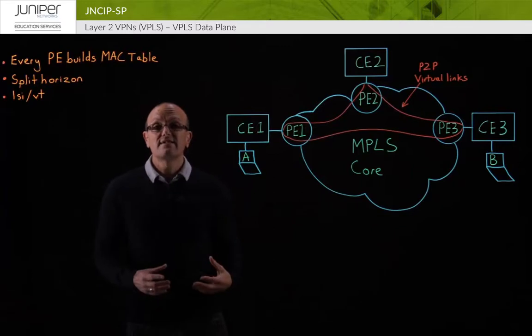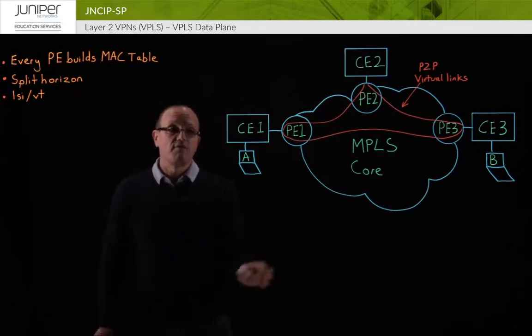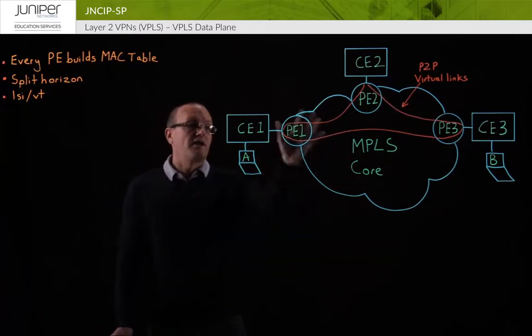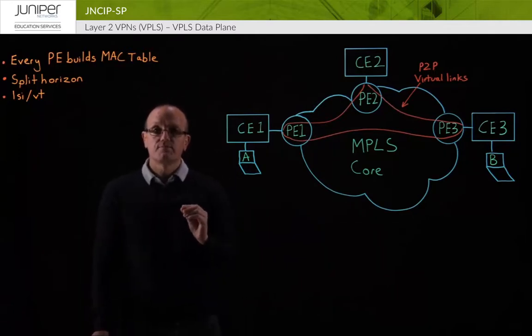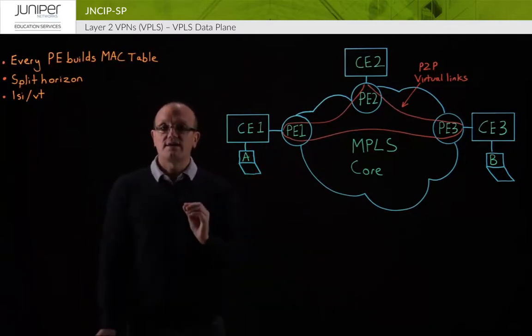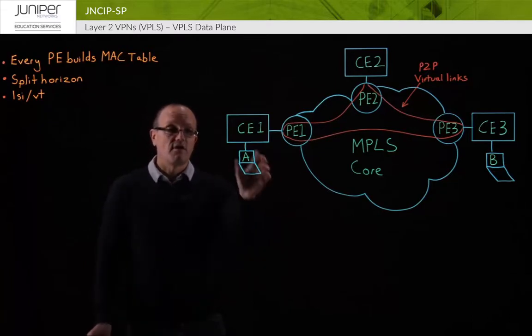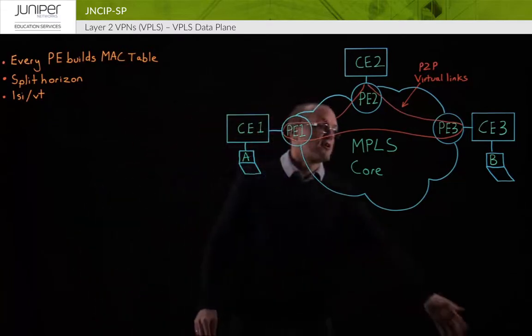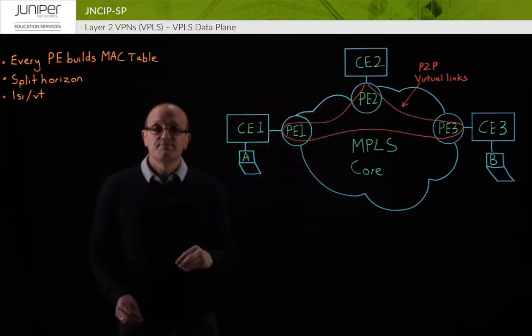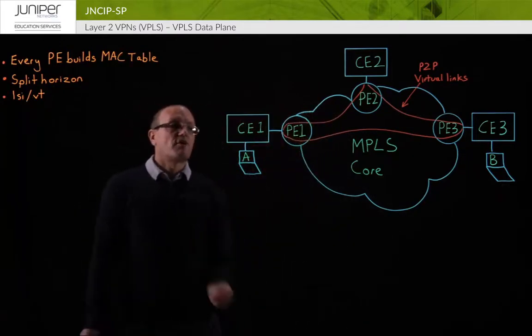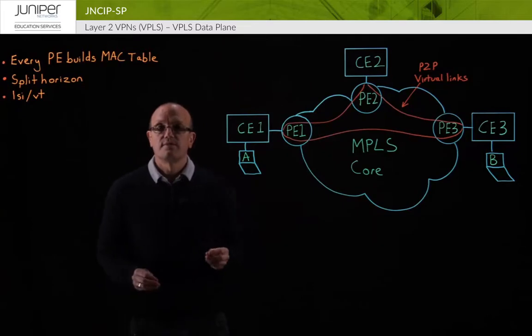So let's take a look at this from the perspective of host A and PE1. Host A is sending a frame with a source MAC address of A and a destination MAC address of B. This frame arrives on PE1.